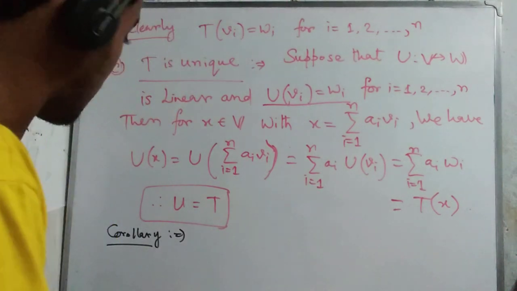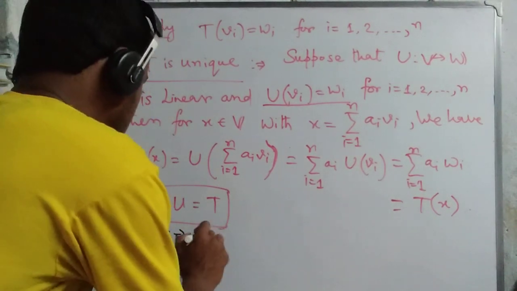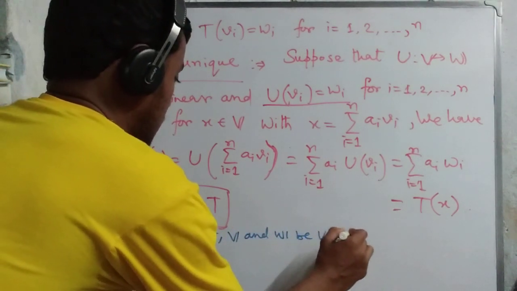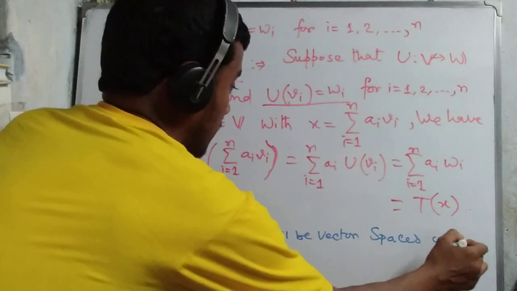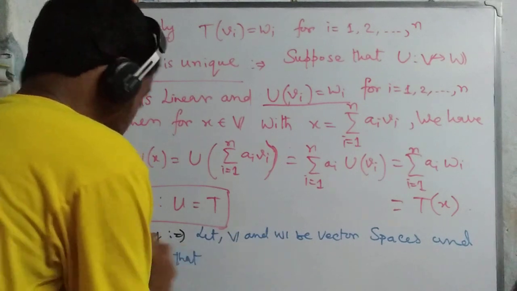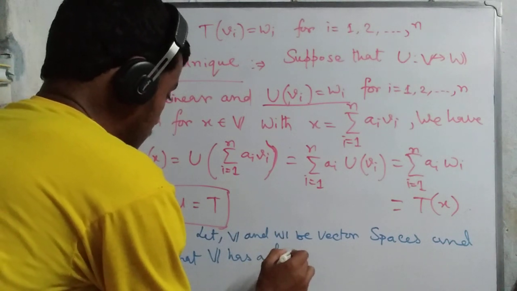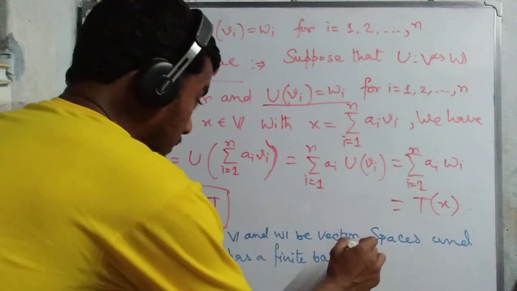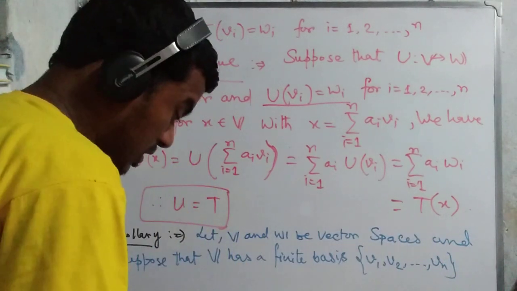Let V and W be vector spaces, and suppose that V has a finite basis v1, v2, ..., vn. Understood?